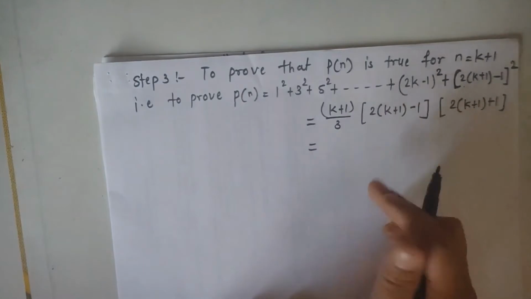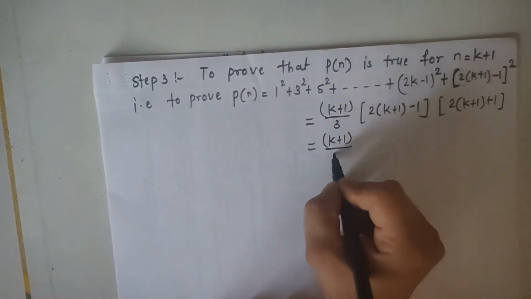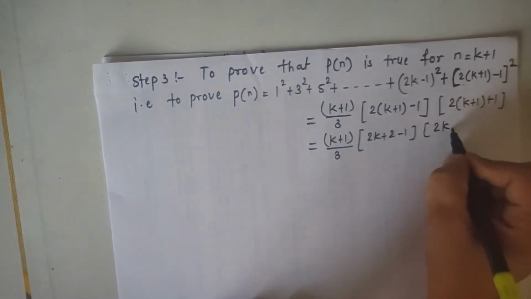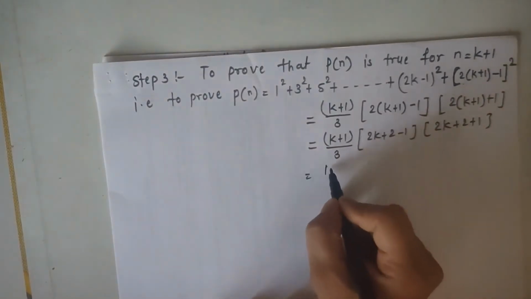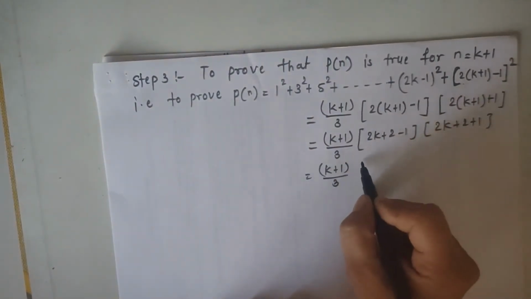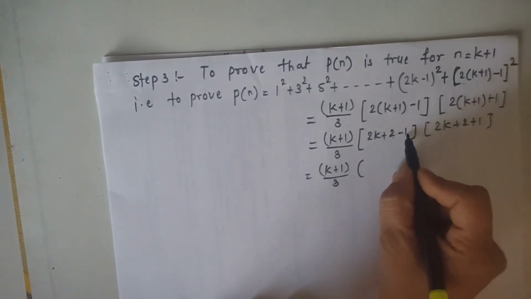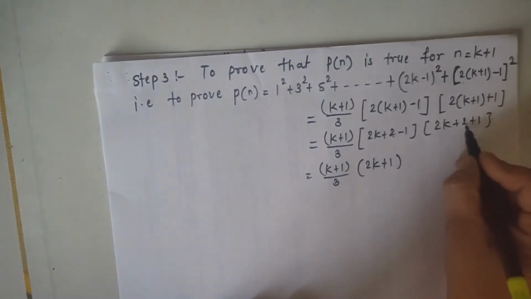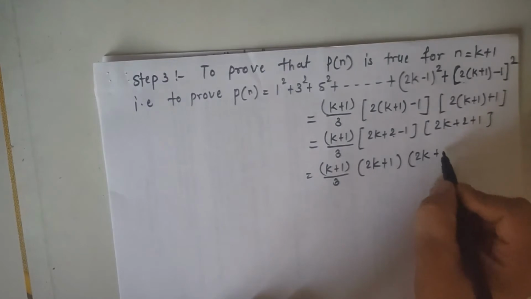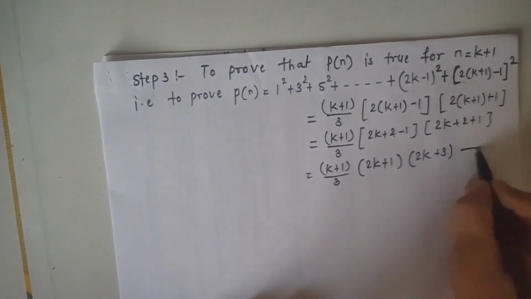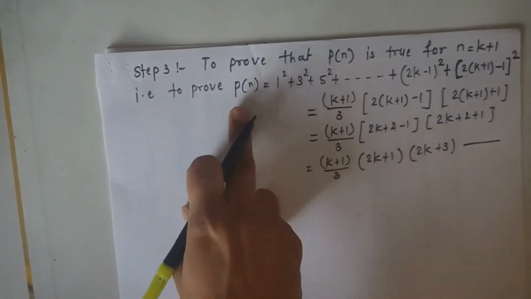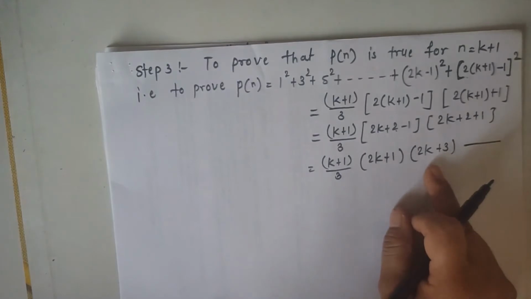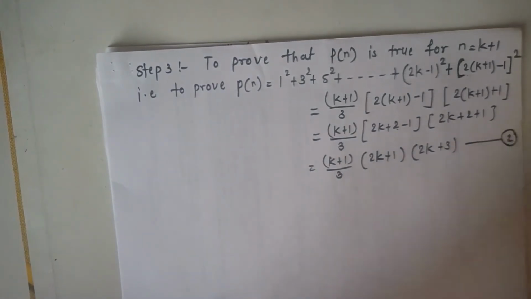Now simplify this RHS, then we get (2k plus 2 minus 1) and (2k plus 2 plus 1). So (k plus 1) by 3 into (2k plus 2 minus 1), 2 minus 1 that is plus 1, so (2k plus 1) into (2k plus 2 plus 1), 2 plus 1 that is 3, so (2k plus 3). Here we get the RHS of this statement is (k plus 1) by 3 into (2k plus 1) into (2k plus 3). This is called equation number 2.